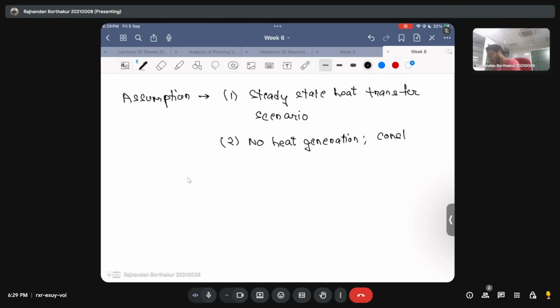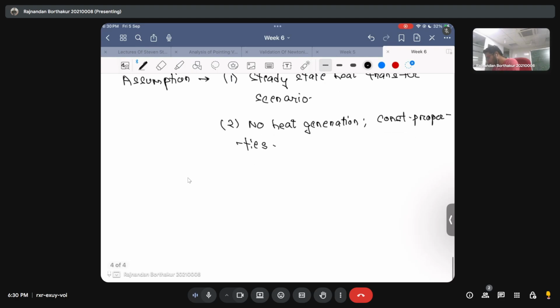For instance, the thermal conductivity of the slab is assumed to be constant and not a function of x or time. So just the standard assumptions that we have been using so far.